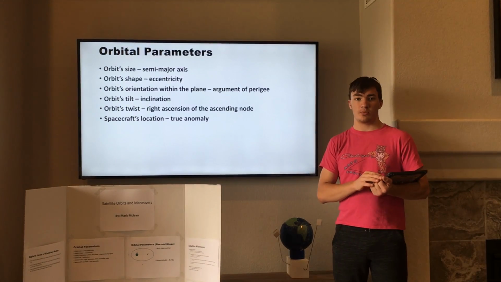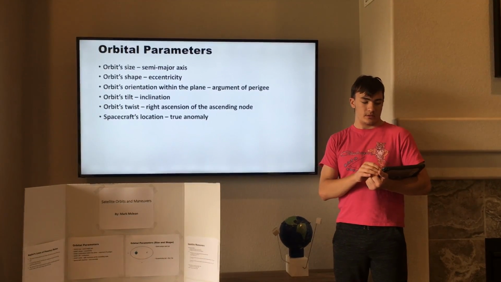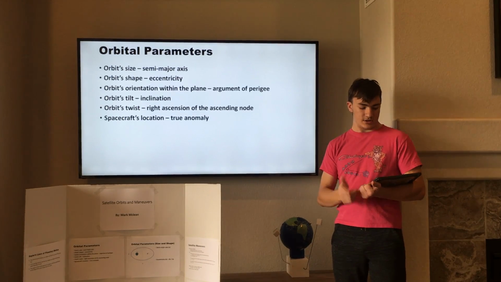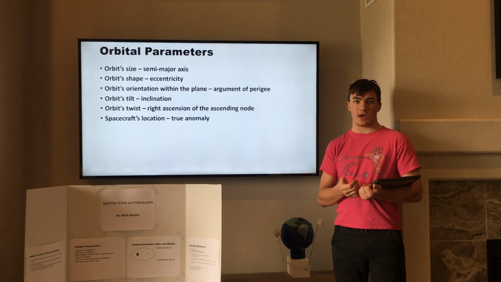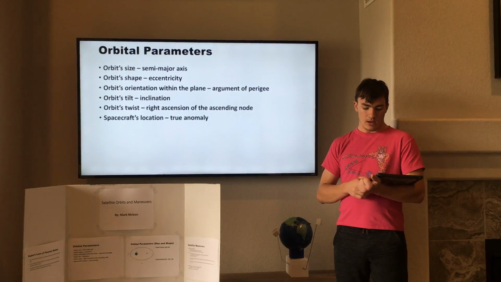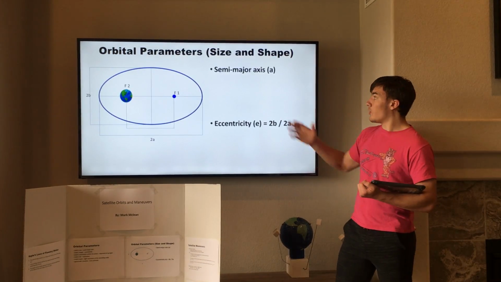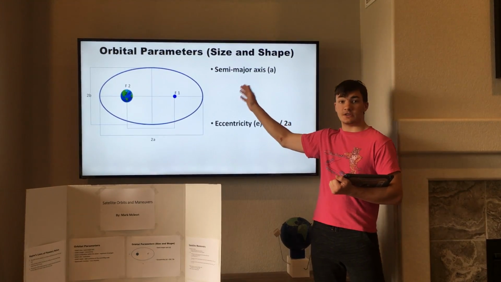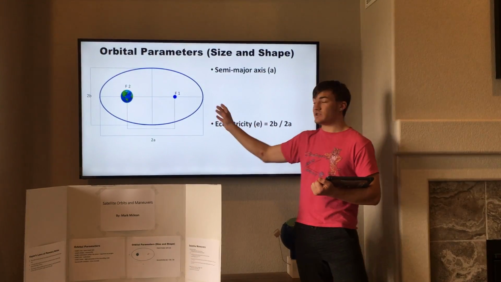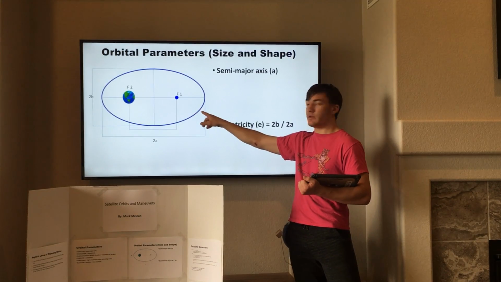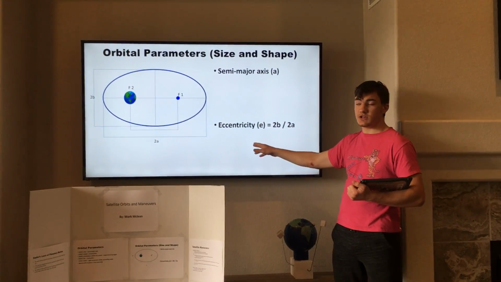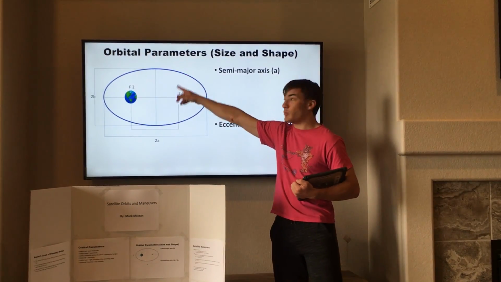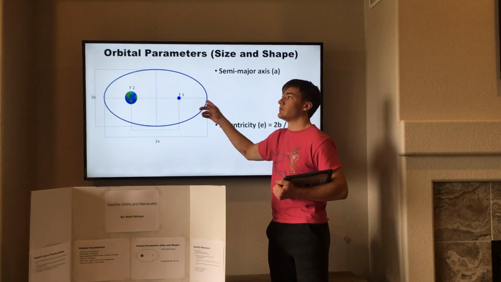There are 6 orbital parameters: the orbit's size, shape, orientation, tilt, twist, and location. The orbit's size is the semi-major axis, which is half of the length of the orbit. The shape is the eccentricity, which is the orbit's width over the orbit's length.